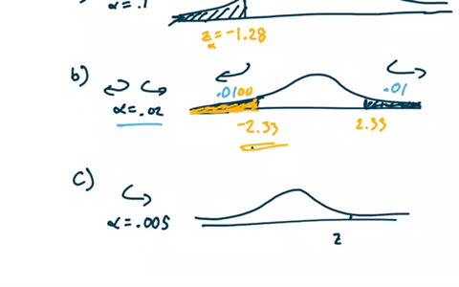Don't know what it is yet, haven't looked it up yet. This area underneath the right tail is alpha, and what is it? It's 0.005. And I'll just add on an extra little zero there, because we're going to try to find the z value that gets us an area, a value inside our table, as close as we can get to 0.005.